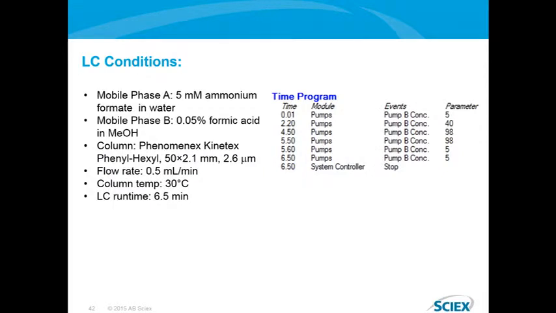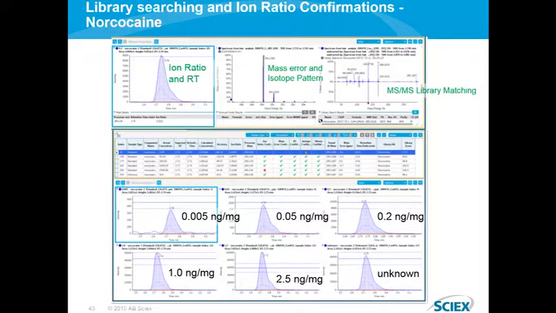The chromatographic conditions detailed here were carried out on a Kinetex phenylhexyl column from Phenomenex, for an analysis time per sample of 6.5 minutes. Norcocaine was identified in the unknown sample by the retention time, the ion ratio comparison, the mass accuracy of the precursor ion, the comparison of the isotopic pattern, and the search of the MS-MS spectrum in the laboratory library.